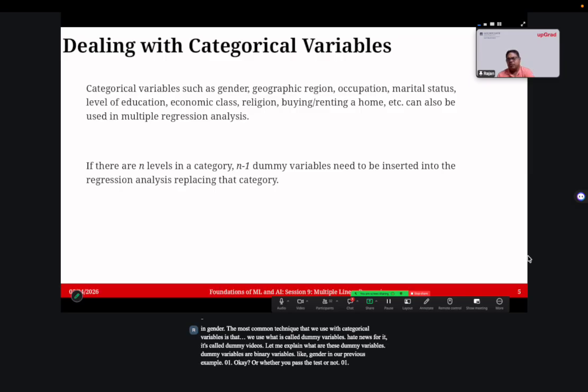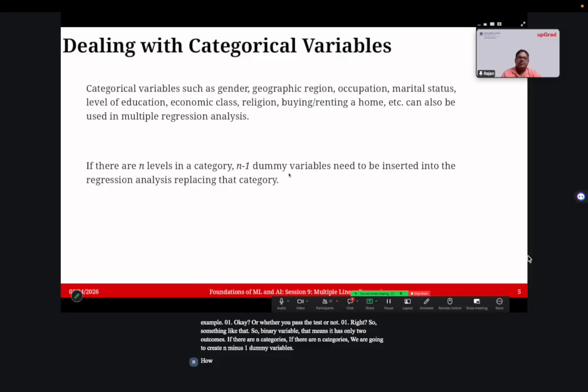A binary variable has only 2 outcomes. If there are n categories, we are going to create n-1 dummy variables.